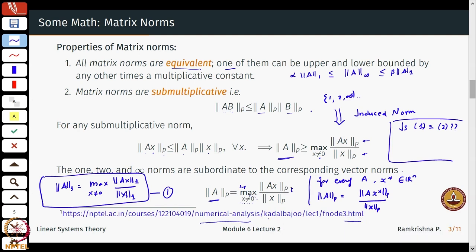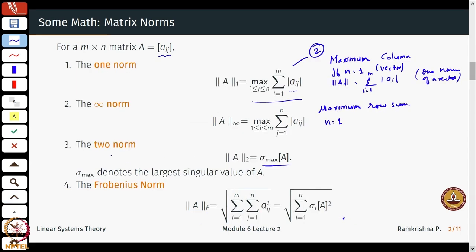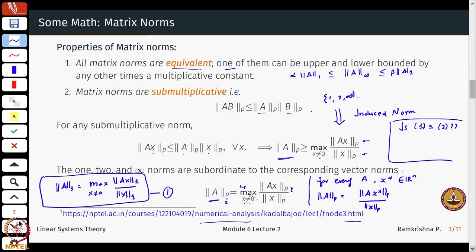These notes will give you a very nice exposition of the proof. Similarly, you can replace the 1 by 2 here, call p to be 2, and you can prove that this will give you the 2 norm, and so on with the infinity norm also.